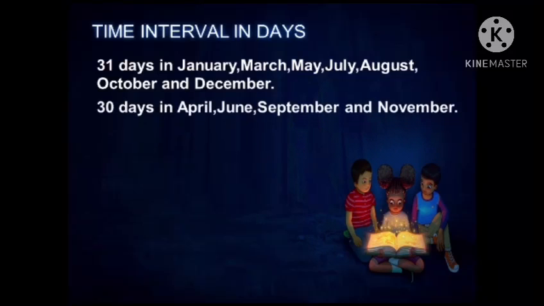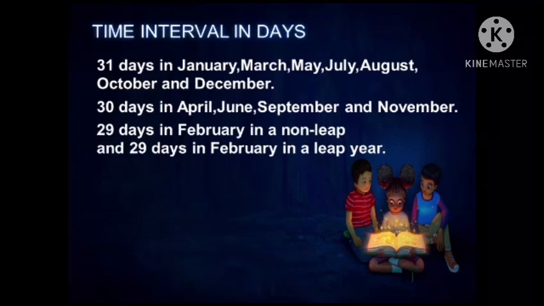So what about the 30? The 30 are April, June, September and November. And if you add together we have only 11. What about the one more, that is 28 or 29 days. In one year only one month has 28 or 29 days, that is February. In a leap year it is 29, in a non-leap year it is 28.